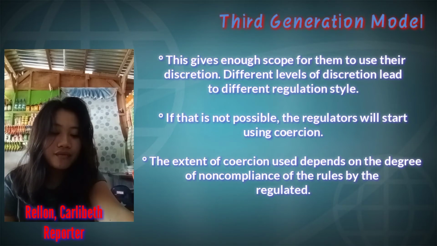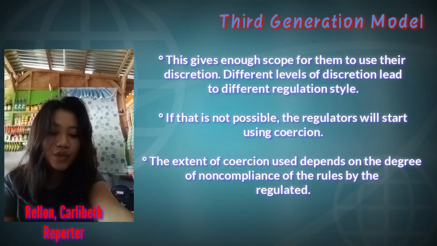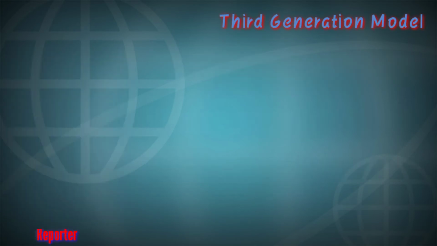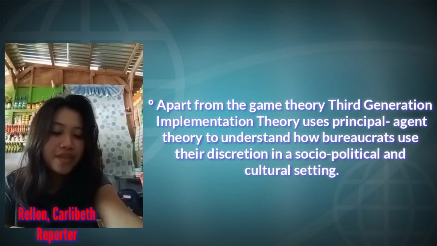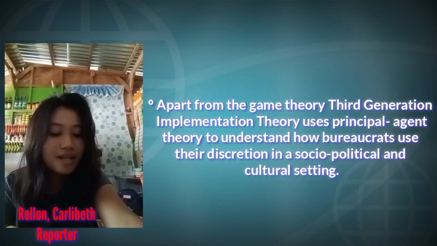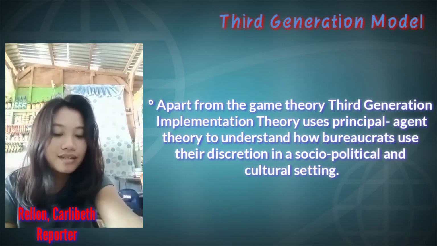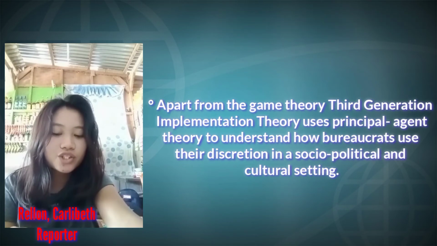The extent of coercion use depends on the degree of non-compliance of the rules by the regulated. Apart from game theory, third generation implementation theory uses principal agent theory to understand how bureaucrats use their discretion in socio-political and cultural settings.